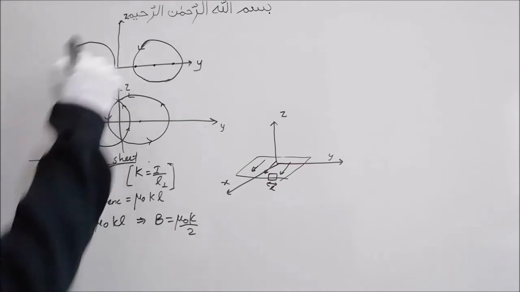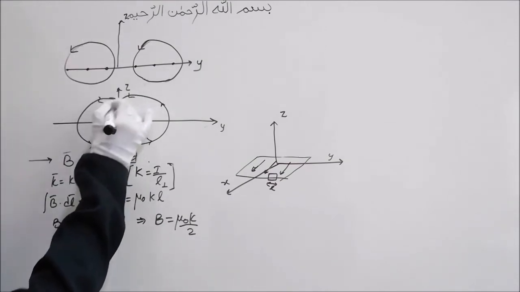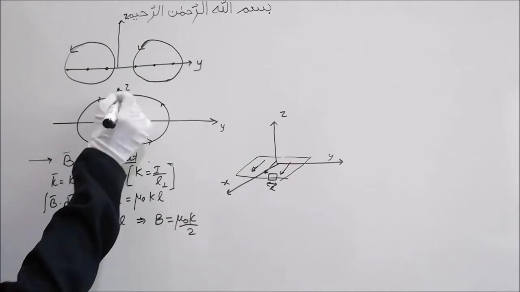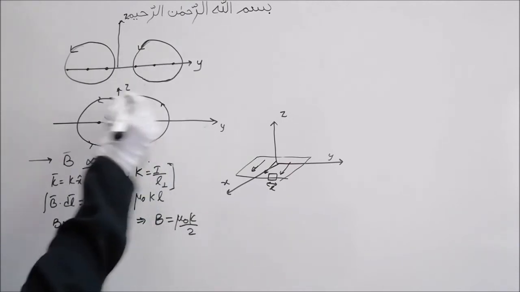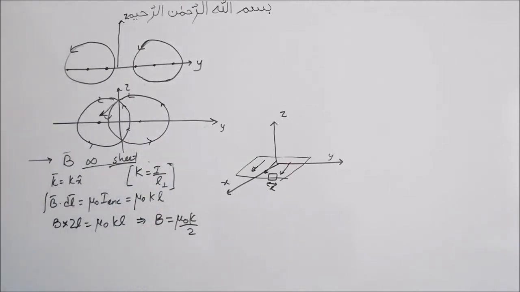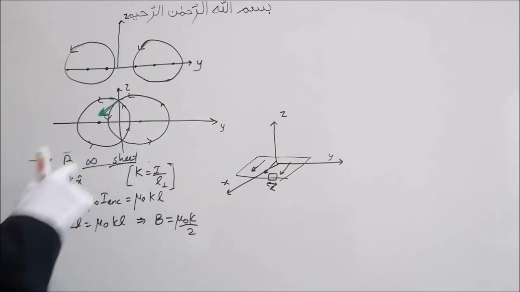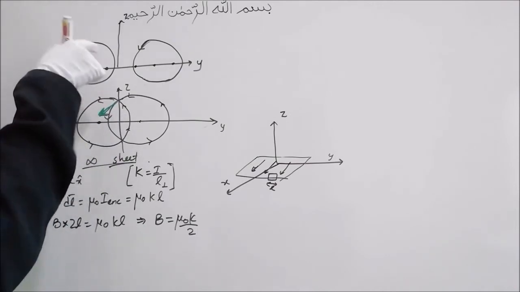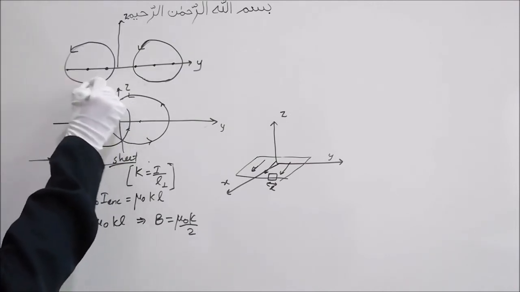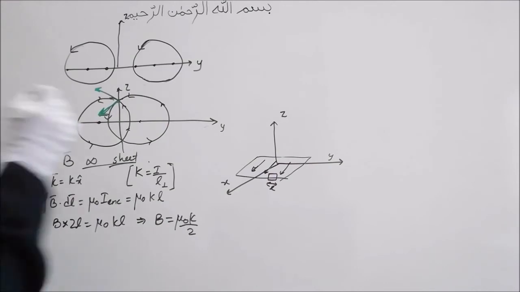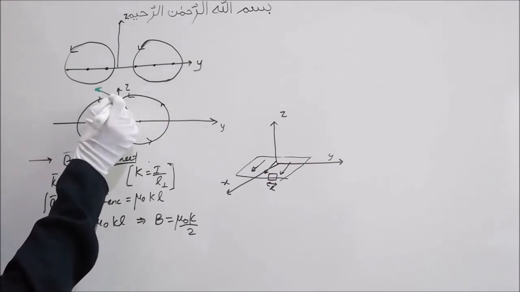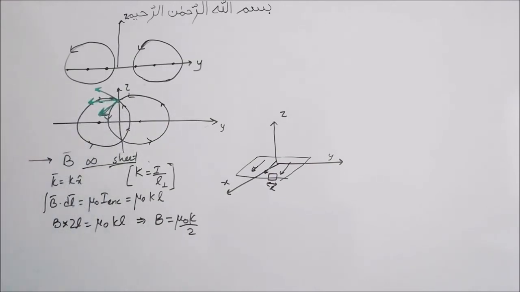If we consider above the y-axis, the magnetic field due to the right part is going in this direction. Magnetic field due to the left of the z-axis, this part, is going in this direction. So the net magnetic field is in this direction, right?